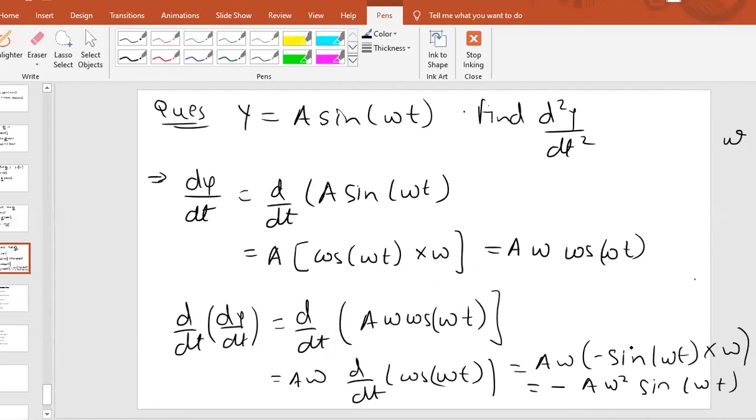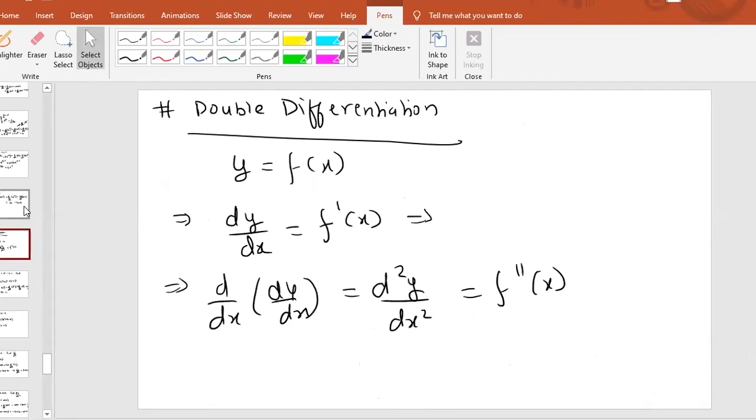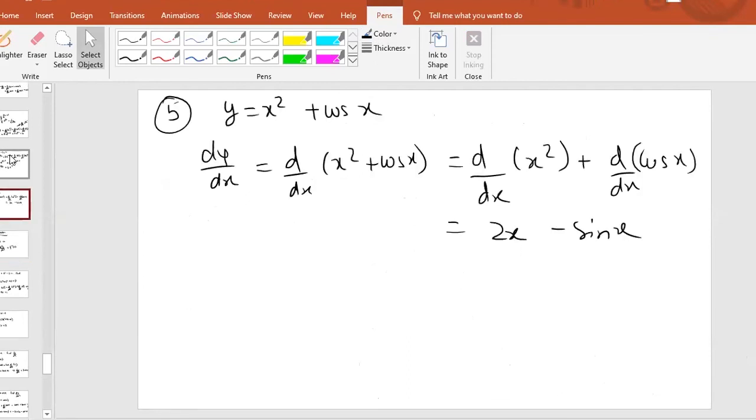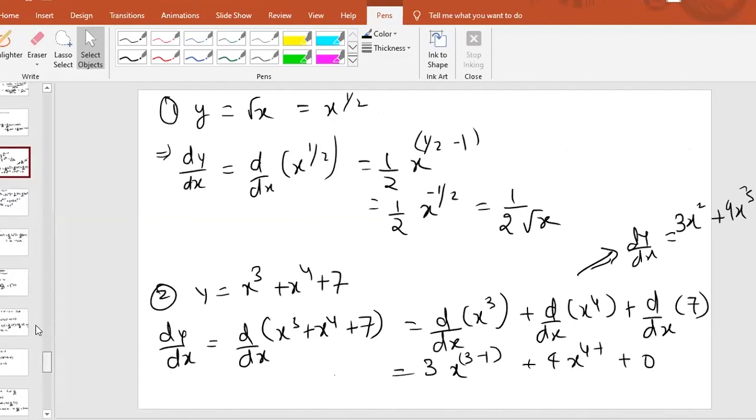I think you all understand this. I think time is not left, so better we go with all the slides. We started from the homework. This was the first slide which we discussed today, homework one.